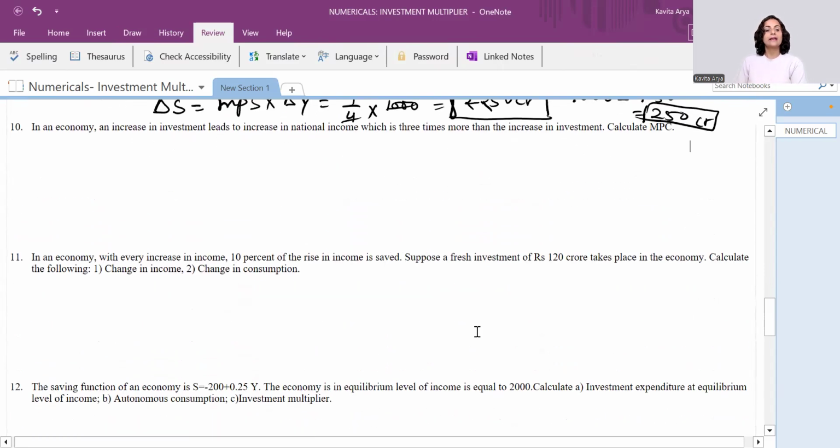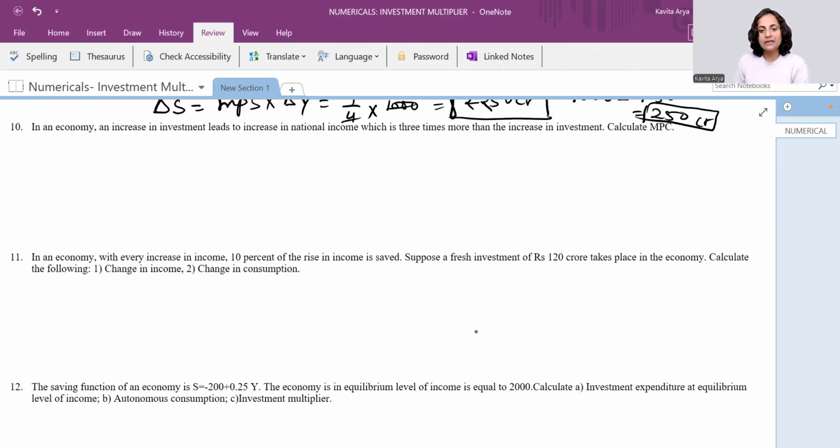Next question is, in an economy, an increase in investment leads to an increase in income with 3 times more the increase in investment. This is the most crucial thing which you have to keep a note of. 3 times is okay, but there is a word 3 times more. Now let's write what it is saying step by step.